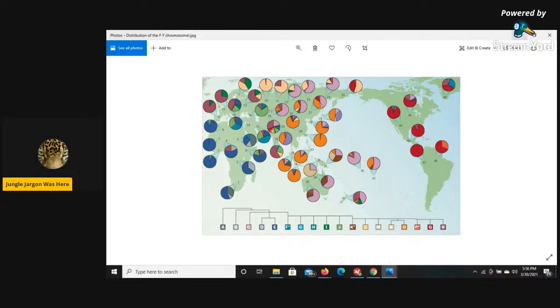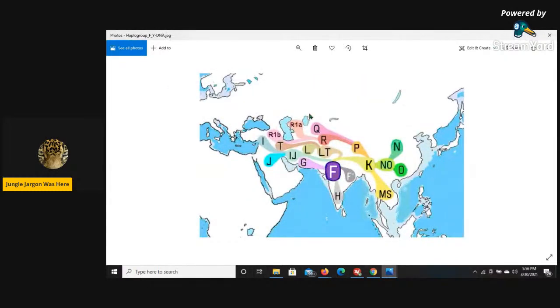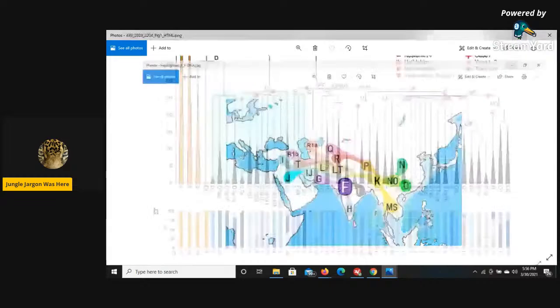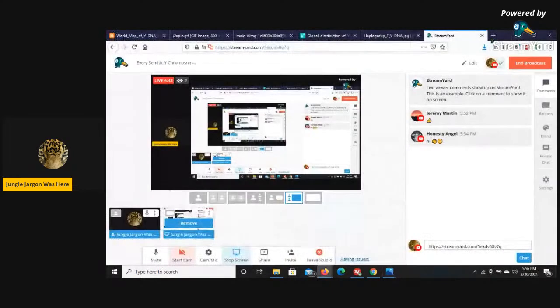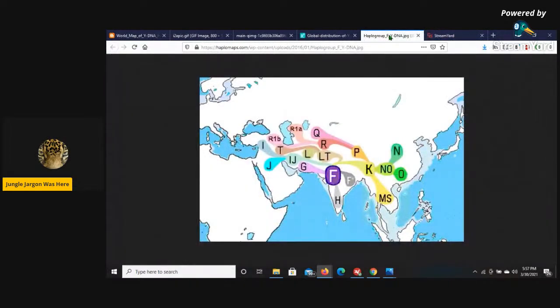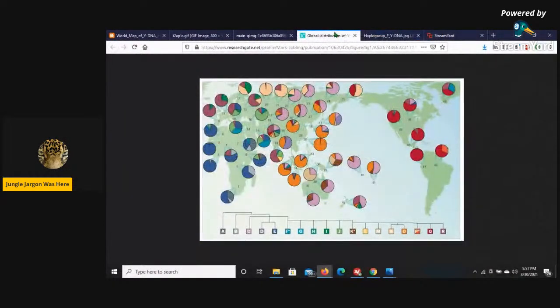Then, of course, we have the same map here.